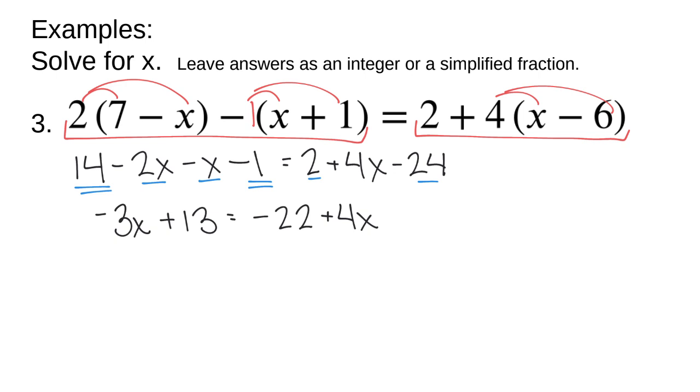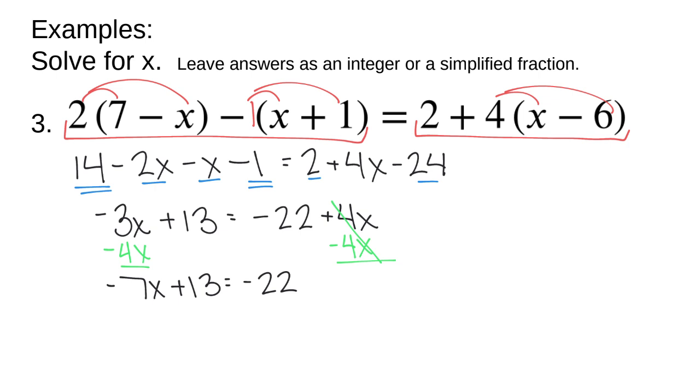Now it's time to start moving things around across that equal sign. So we're going to try and get all of our x's on one side. I'm going to minus this 4x so that I can put all my x's over here on the left. 4x minus 4x will go away. And over here, I'm going to have negative 7x now. And my constants are just staying put.